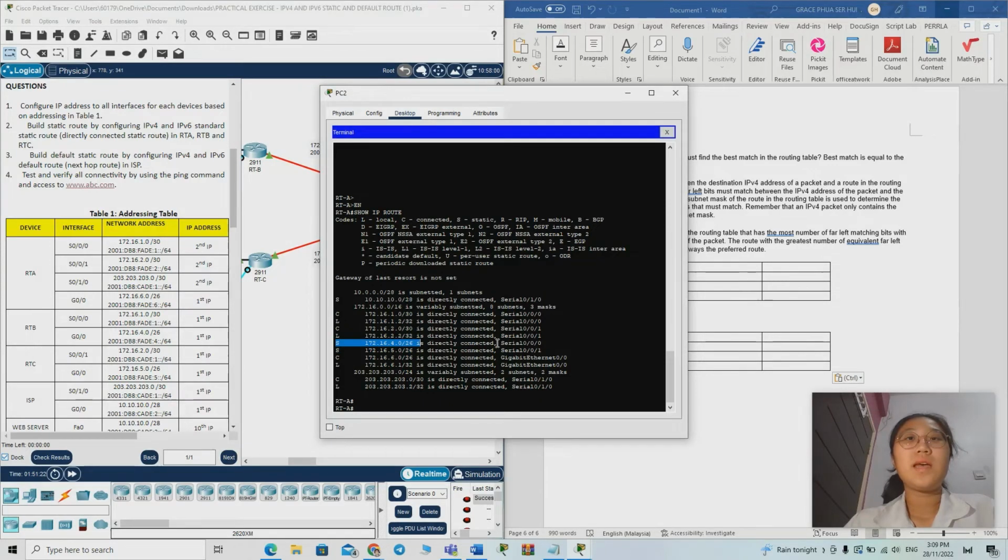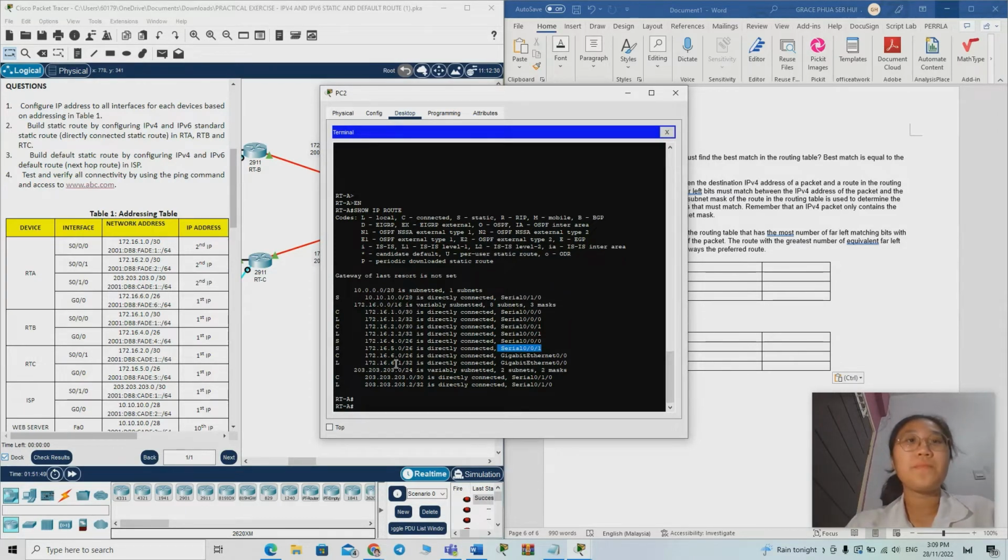172.16.4.0/26, and the outgoing interface is S0/0/0, and the third one is 172.16.5.0/26, and the outgoing interface is S0/0/1.